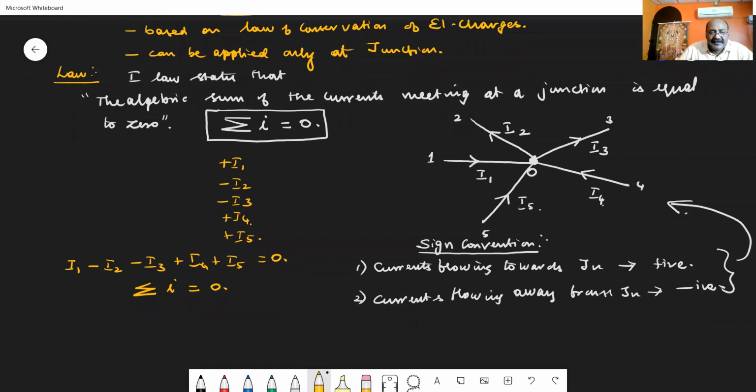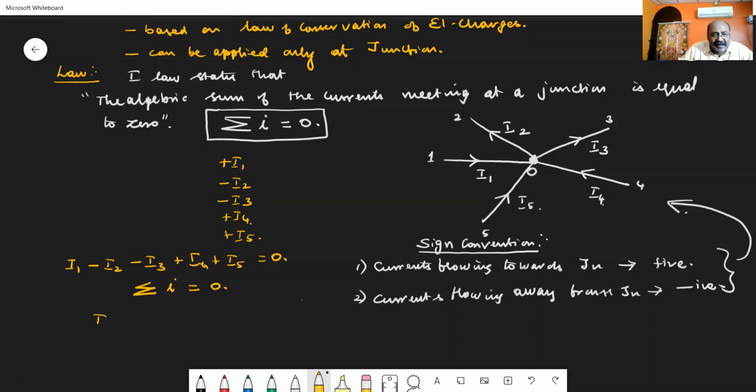How? Instead of writing like this, I can write like this: I1 plus I4 plus I5 is equal to, taking these two to the other side, I2 plus I3. So Kirchhoff's first law can be stated in another way. This I1, I4, I5 are the algebraic sum of the currents flowing towards the junction, equal to I2 and I3, which are the sum of the currents flowing away from the junction.